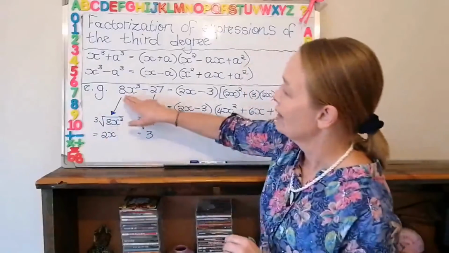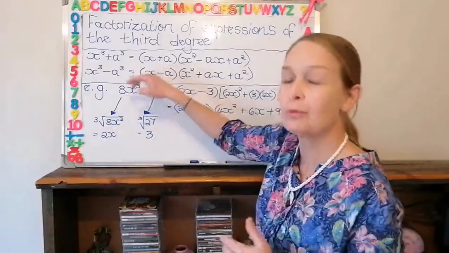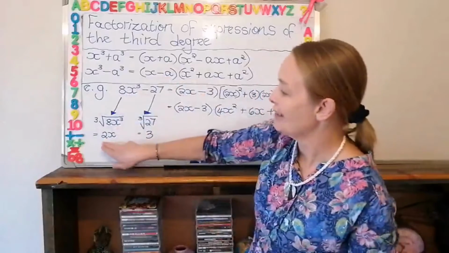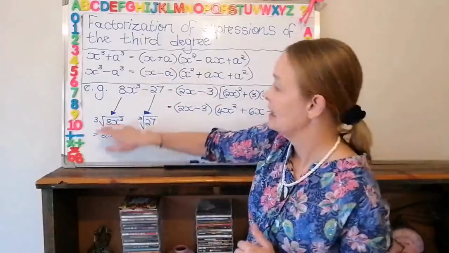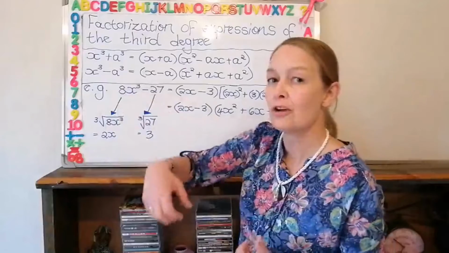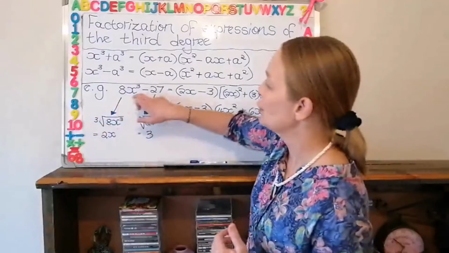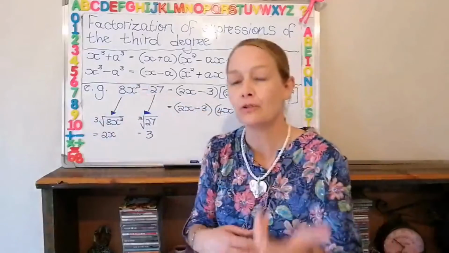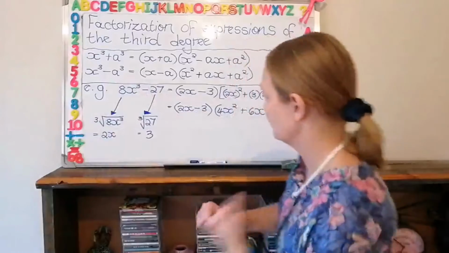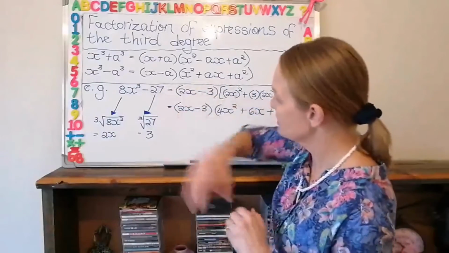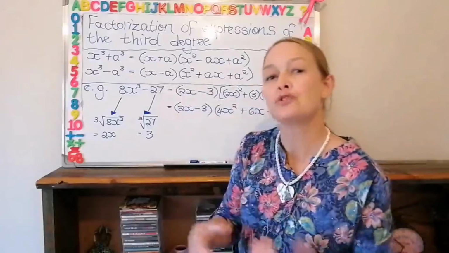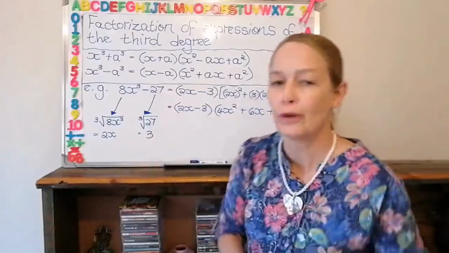So for 8x to the power 3, the cube root will be 2x, because the cube root of 8 is 2, and the cube root of x to the power 3 is x. And the cube root of 27 will be 3.